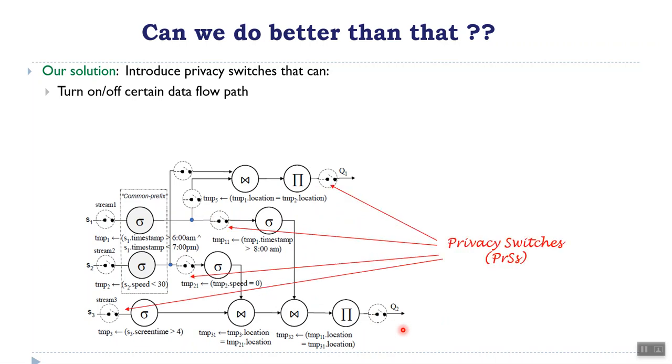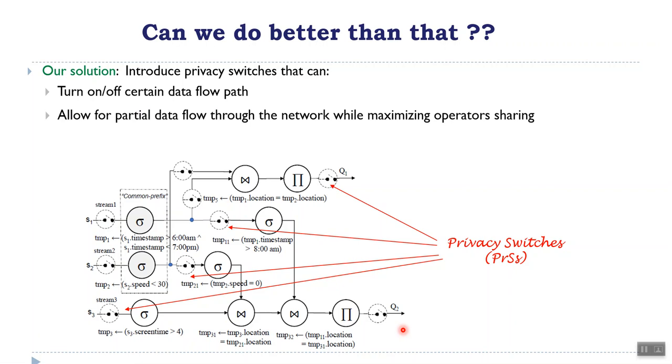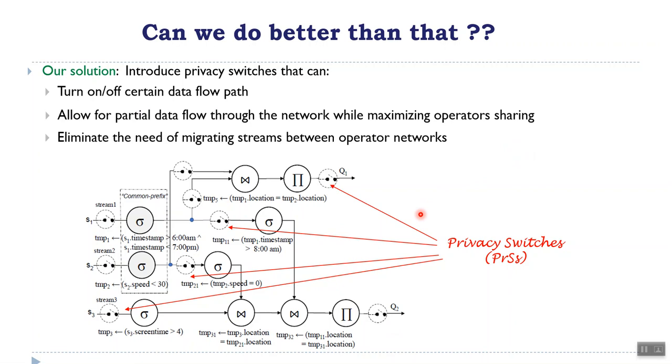And so they allow for partial data flow through the network while maximizing operator sharing, and that's a very efficient way of running operator networks. They also eliminate the need of migrating streams between different copies of operator networks.